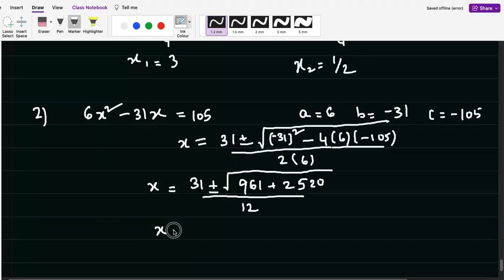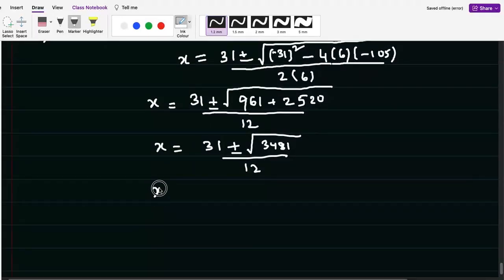x equals 31 plus or minus under root. If you add both of them, you will get 3481. Do it quickly. x equals 31 plus or minus, what is under root 3481? You should be getting the value of roots.